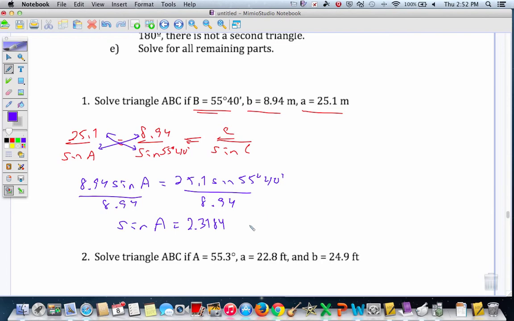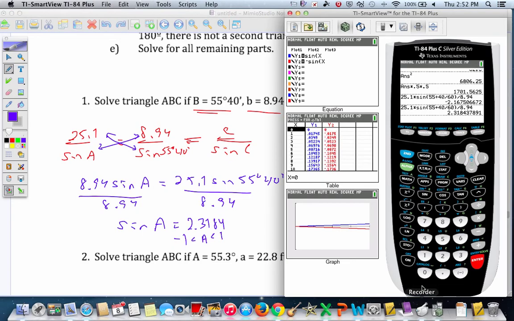Now if you think back to what we worked on back in chapters 2 and 3, we talked about the range of values for sine. It falls between -1 and +1. 2.3184, and I'll just illustrate it here. We would use our inverse sine to convert that to an angle, so second sine of that value, we're going to get an error message.